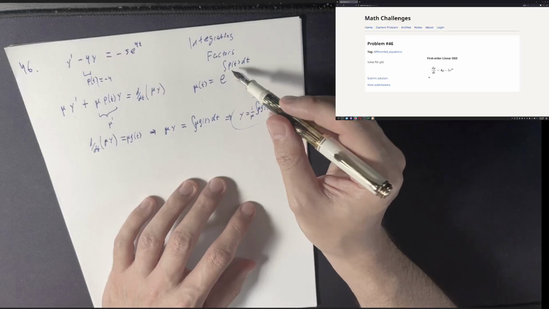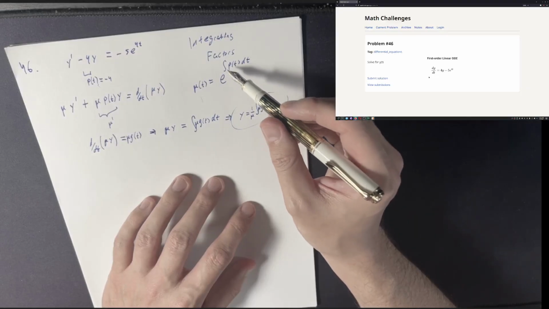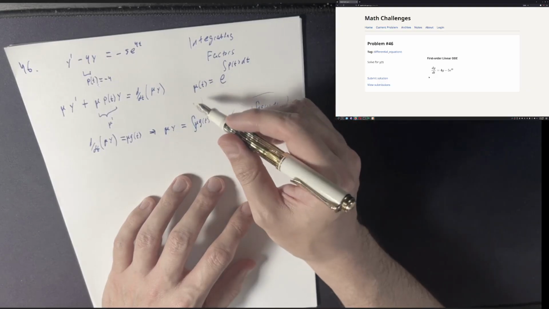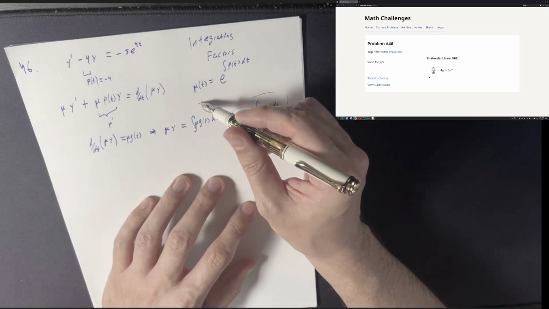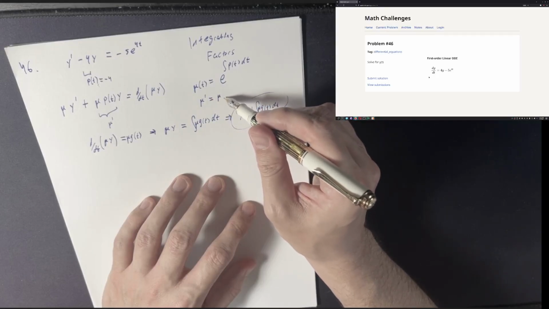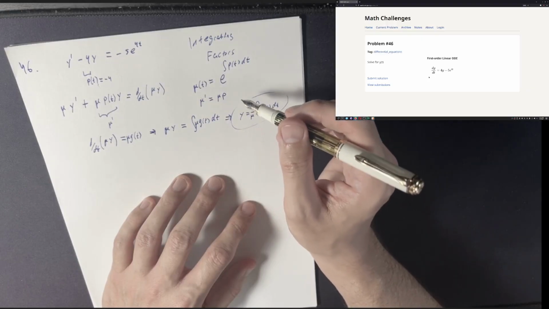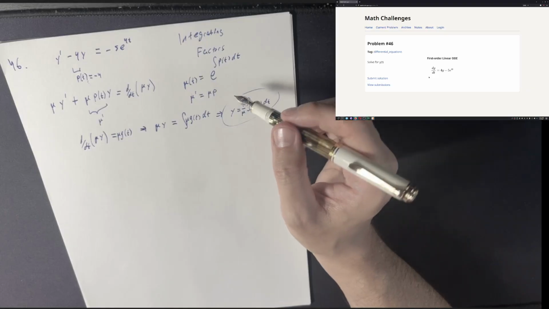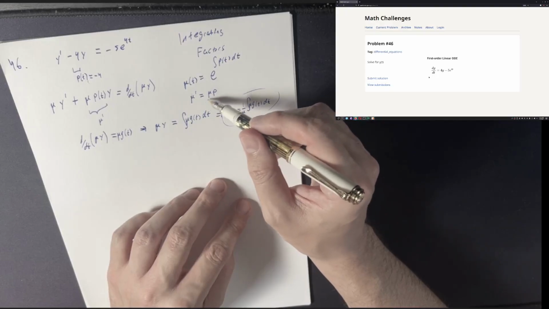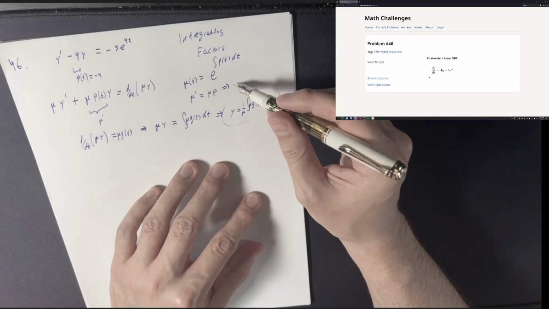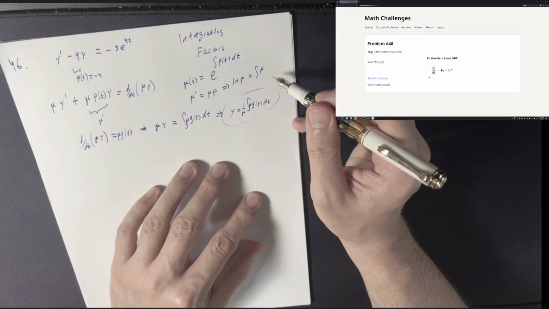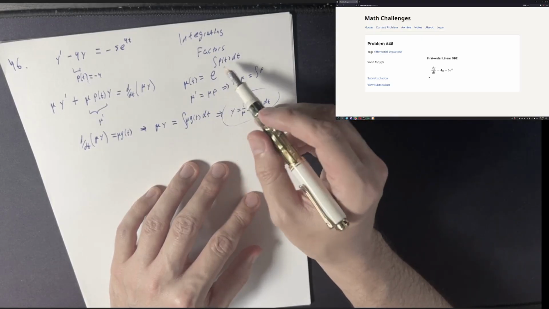Now I feel like I might be missing a negative sign. Is this a negative p? Maybe? Can't quite remember. So if I were solving mu prime equals mu p, well, okay, this is just separable, right? You could divide, you'd get log mu is the integral of p. So I guess there is no negative sign there.